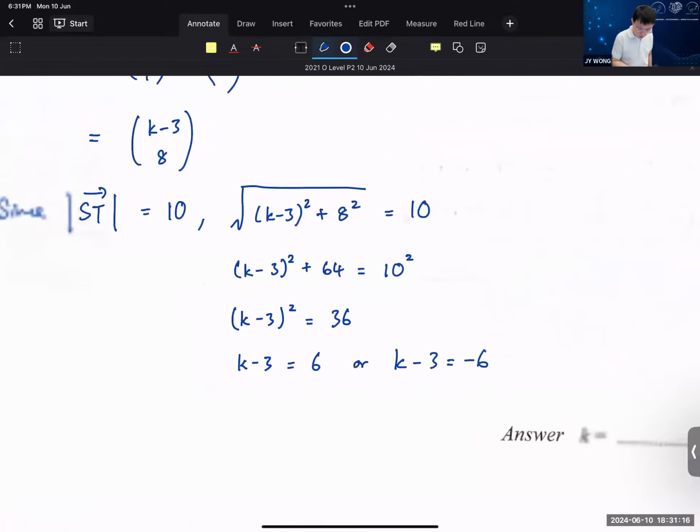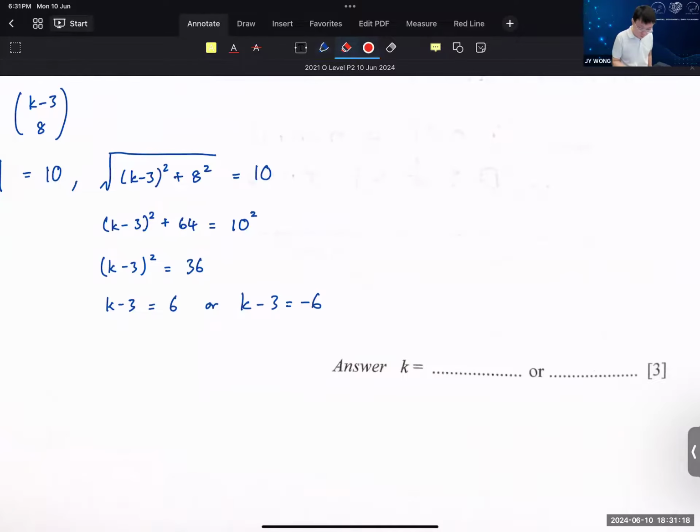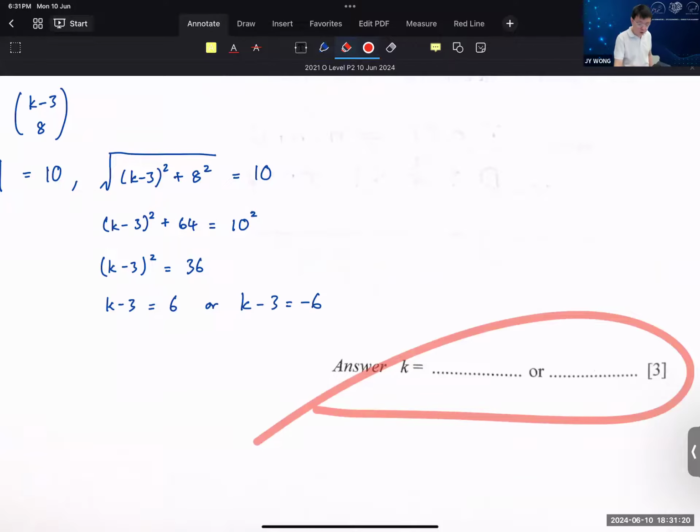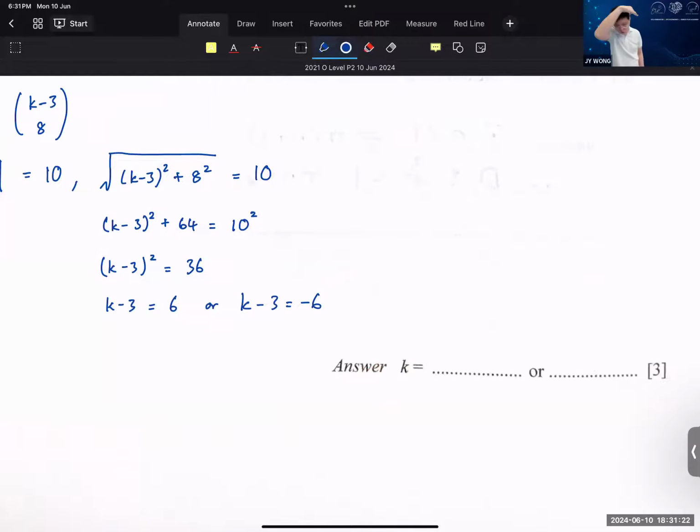And the question, again, is very friendly to you because they tell you that there are two values. So even if you forget the plus minus when taking the square root, the question is so nice that you will remember because they put it there explicitly for you. You'll be like, oh yeah, I forgot the plus minus. That is how nice they are. Don't be like my Sec 1 student who forgets plus minus with the square root.